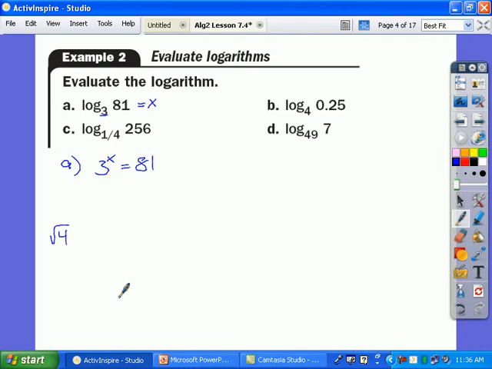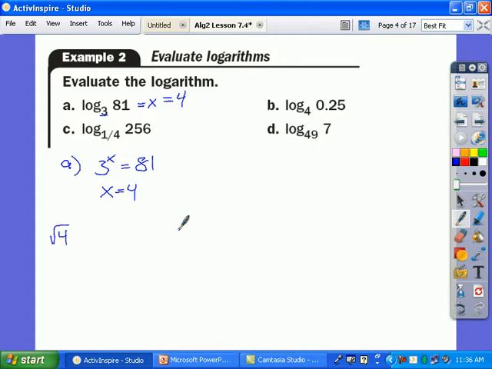Could x be 4? Yes. 3 to the 4th power is 81. So log base 3 of 81 just equals 4. It equals a number. So again, don't freak out. This is just a number.